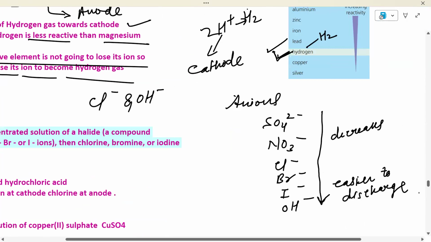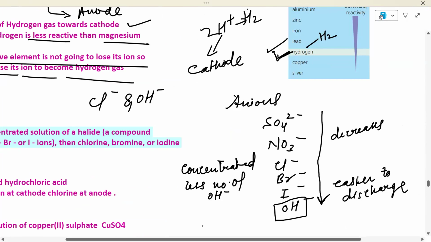See, one important thing is here, as it is a concentrated solution, right, students? It means it has less number of hydroxide ions.